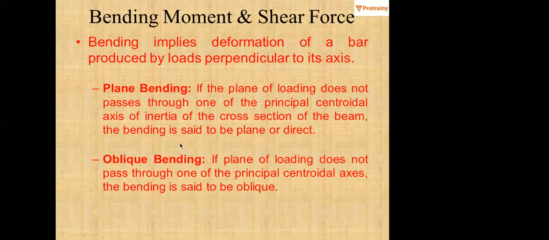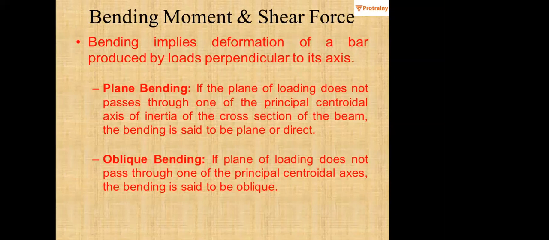Then comes plane bending and oblique bending. So if the plane of loading passes through, it's a typing error, passes through one of the principal centroidal axes of inertia of the cross section of the beam, the bending is said to be plane or direct, right? We have two major axes, one major and one minor, right? X and Y. In 2D, we have X and Y. So if the plane of bending is along either X or Y, then your bending is considered to be plane bending.